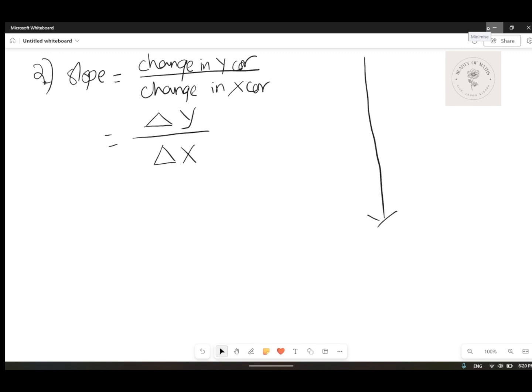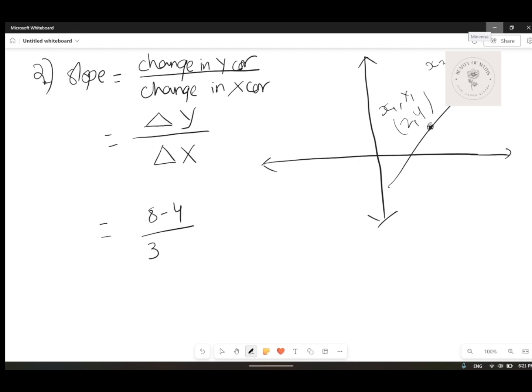For example, if you want, any line here will be, let's suppose, 2 comma 4 and 3 comma 8. What is the slope of this line? This is x1 comma y1, x2 comma y2, and this is 8 minus 4 over 3 minus 2. 4 divided by 1 is equal to 4, right?